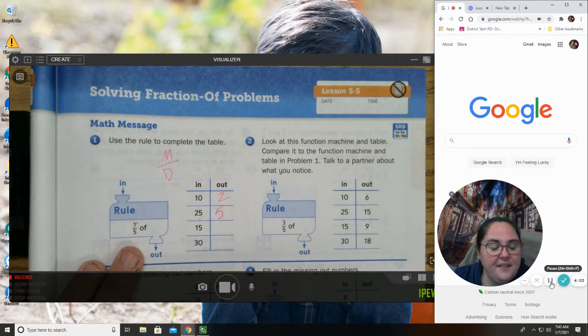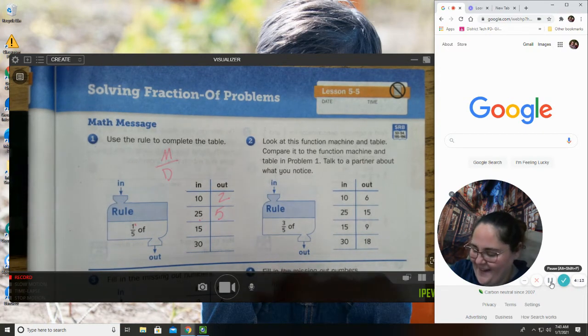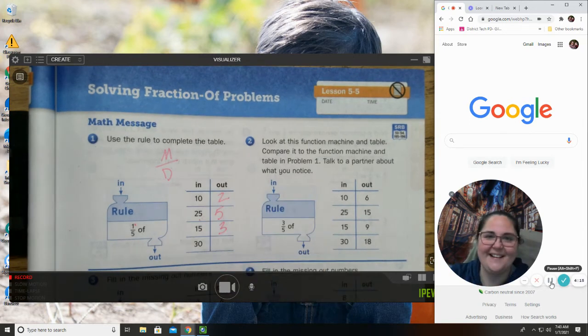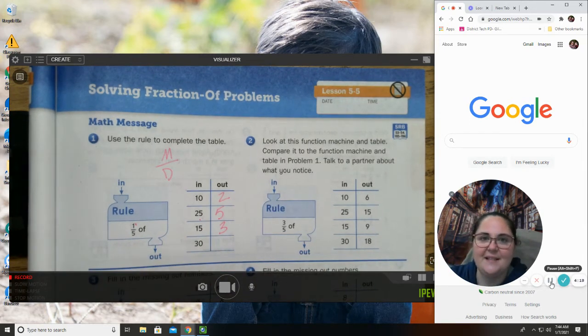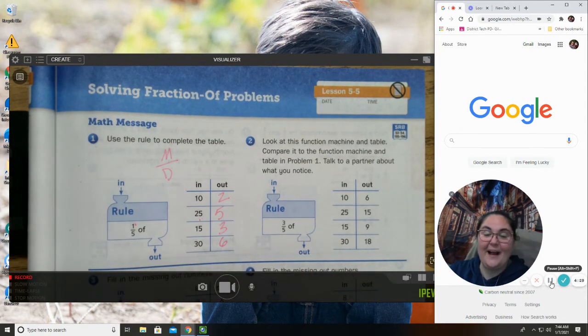What is 1/5 of 15? 15 times 1 is 15, divided by 5 is 3. Try the next one on your own. What would you put in the chart? You're going to multiply by the top. 30 times 1 is 30, divided by 5 is 6. If you said 6 goes in there, you are absolutely correct.